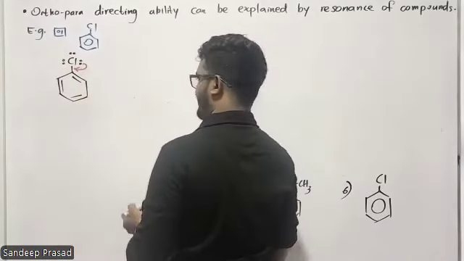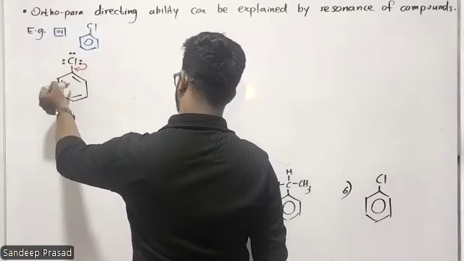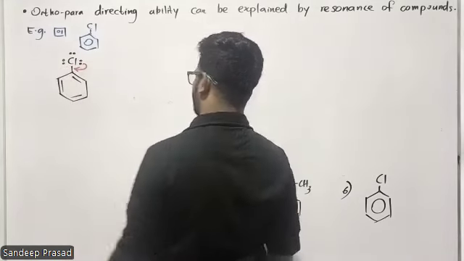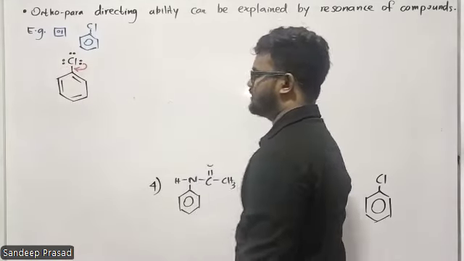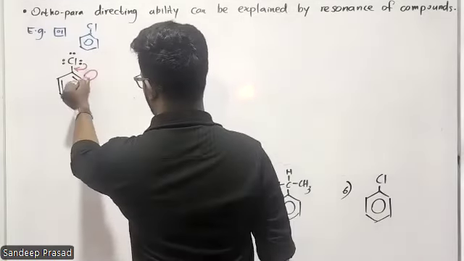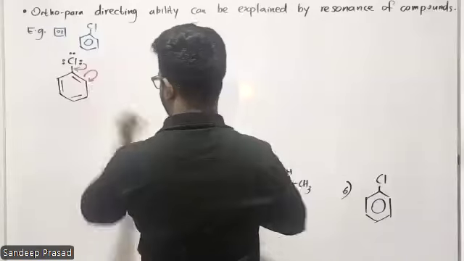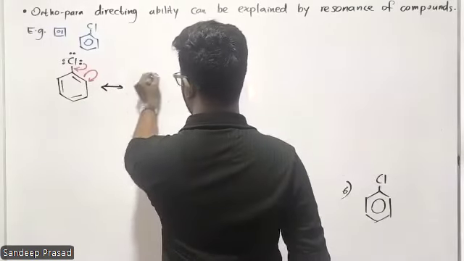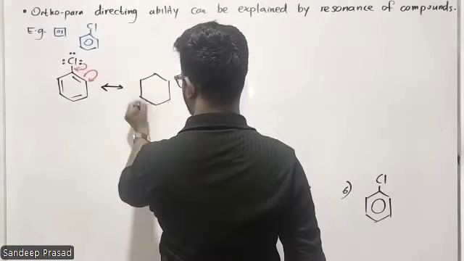Then carbon cannot have, now here already 4 bonds are there. After making a double bond between this carbon and chlorine, carbon cannot have 5 bonds. So therefore this bond has to be broken. Then we can see that here we have a product like this.